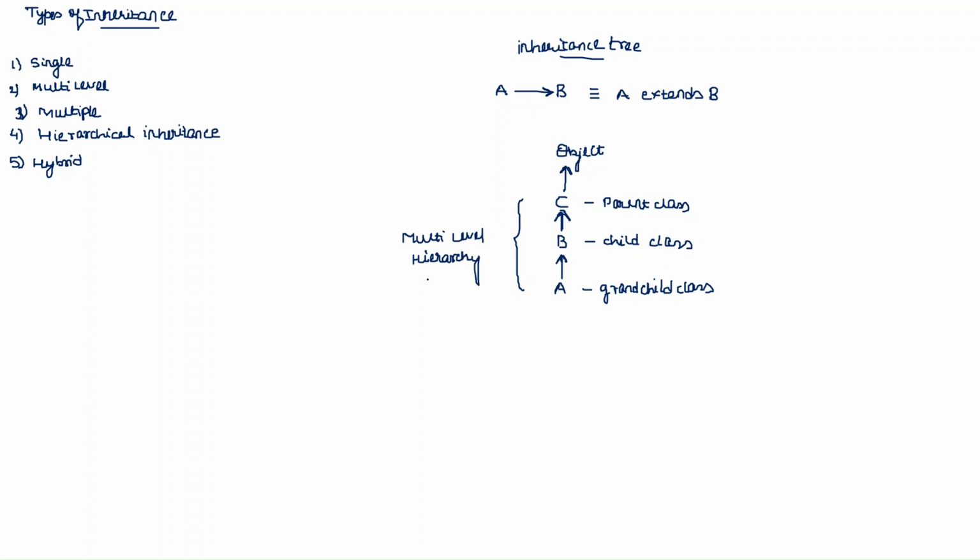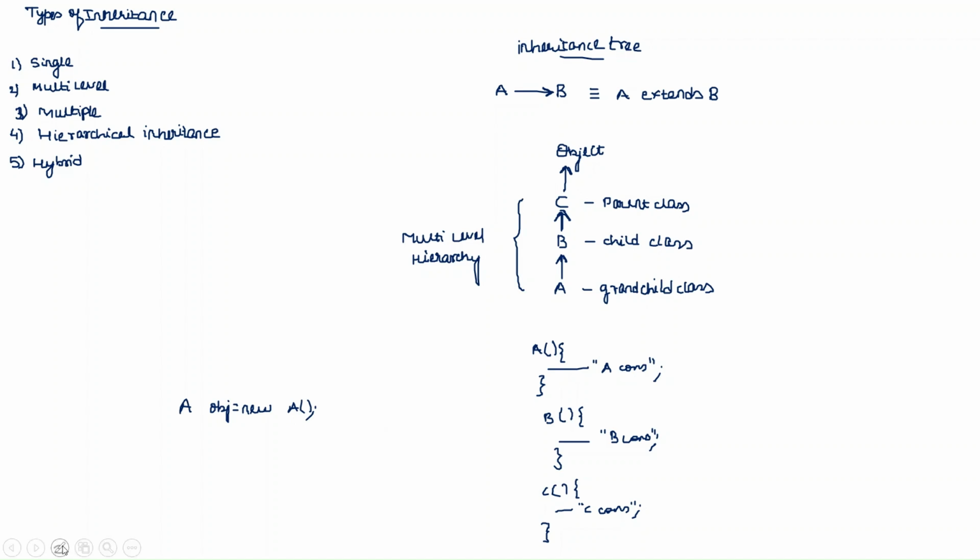Just the same way as single inheritance happens, if you have a constructor, let's say constructor A, and then a constructor B, where you have a print statement which prints A constructor, and here in B you have B constructor, and then in the C class you have C constructor. Now if you instantiate class A, so let's say I'm writing A obj equals new A, the call will come to the parent constructor first.